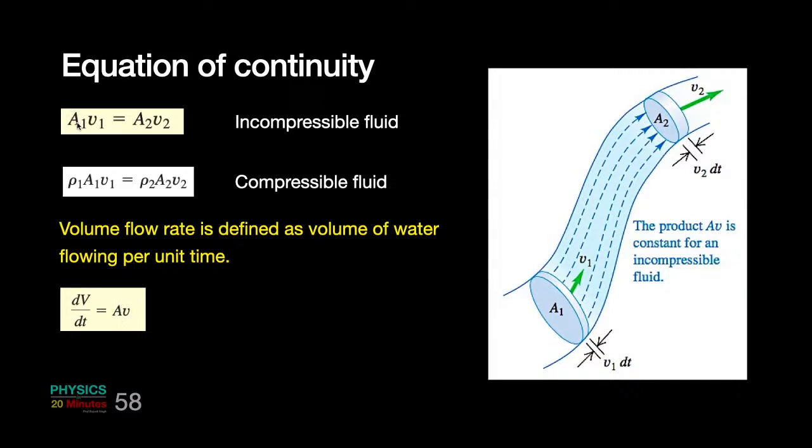So this product is also called the volume flow rate, and the equation of continuity says that this volume flow rate remains constant. Now if you know volume flow rate, you can get mass flow rate as well. How? Very simple. You take the volume flow rate, multiply by density, you get the mass flow rate. And that brings us to the famous Bernoulli's equation.